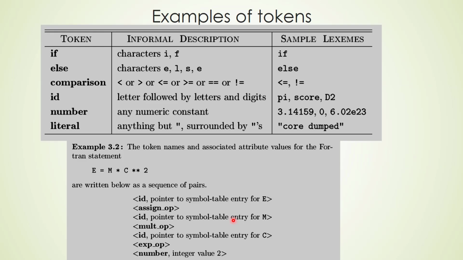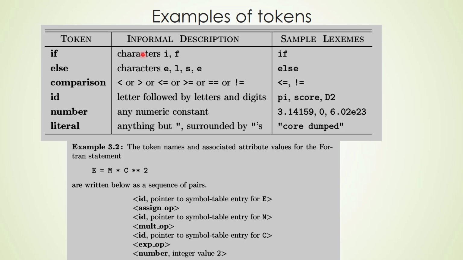So examples for some token. So if is a token, because it contains characters I and F. It is an informal description of the rule. Else: character E followed by L, L followed by S, S followed by E. So if that rule is satisfied, it is one of the valid keyword.